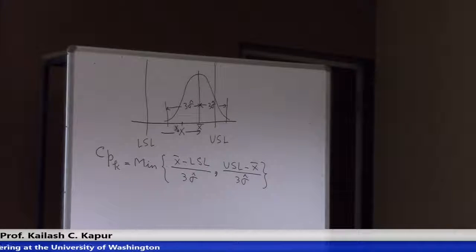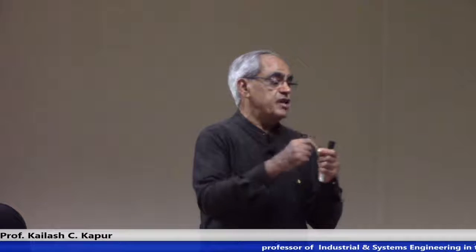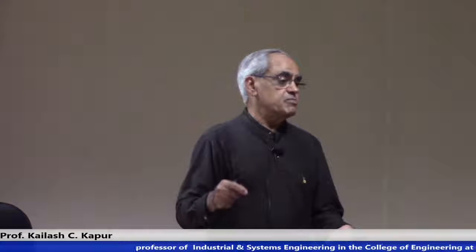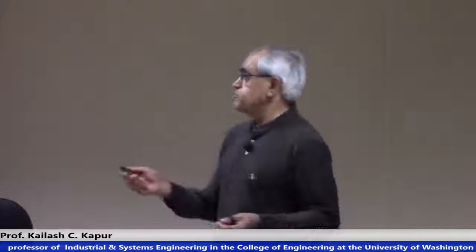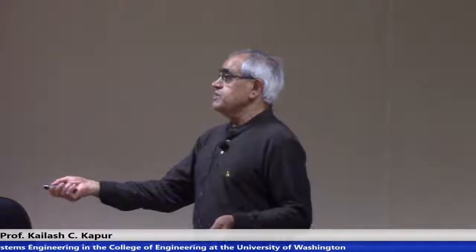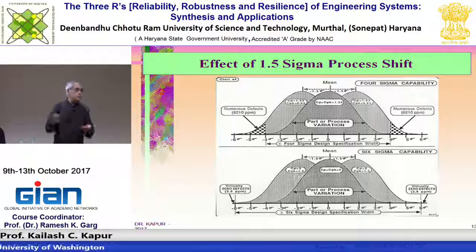In 6 sigma, they always assume the worst case that you have a 1.5 sigma drift. So that means your process capability is just 1.5. So you are happy with that.